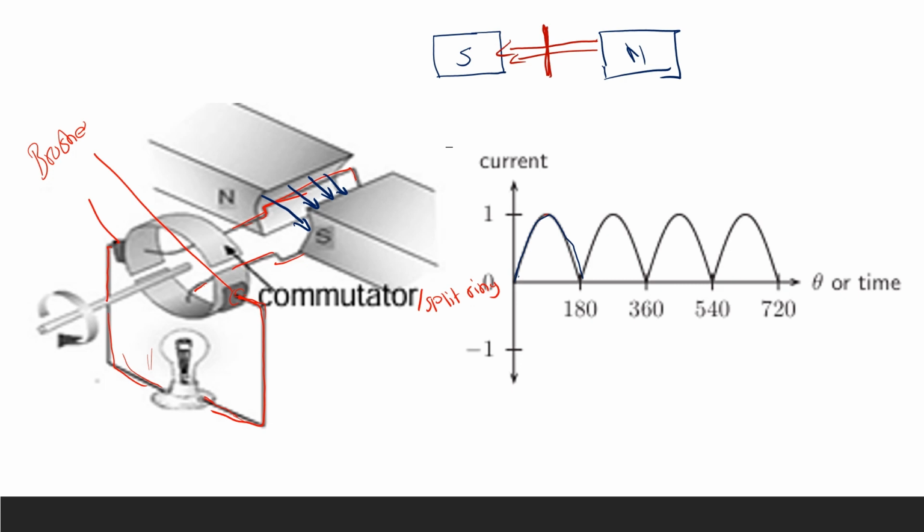If we have a coil and that coil is perpendicular to the magnetic field, just know that the current will be at zero. That is why we have our graph starting at zero. And whenever the current is zero, the coil is perpendicular to the magnetic field.